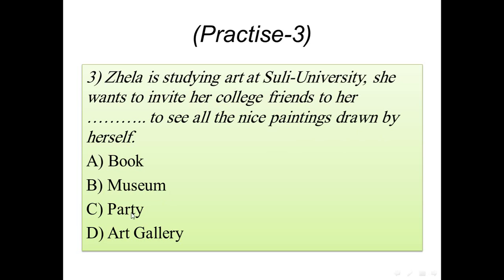And actually it's not a party, because at a party people go there to dance, and people go there to do some small talk with their relatives. Actually the right one is art gallery, because an art gallery is a place where people go to see the work of artists.